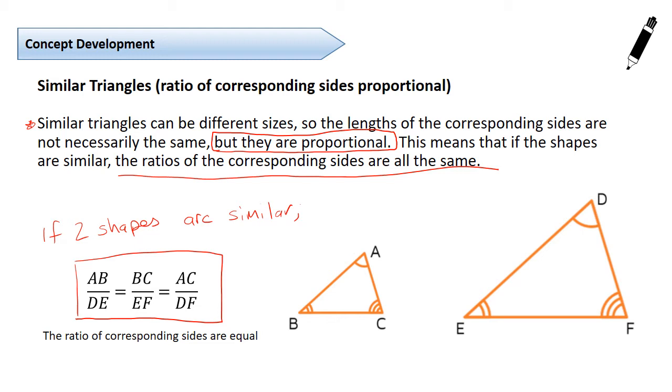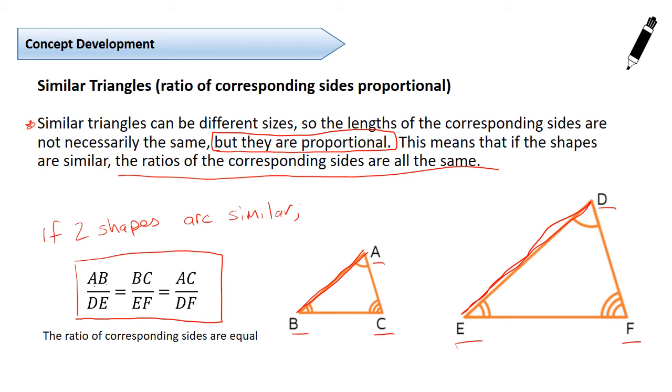We're using A, B, and C, as well as D, E, and F to define these two triangles. What we mean when we say AB is the length of AB, divided by the length of DE, is that it is going to give us the scale factor.